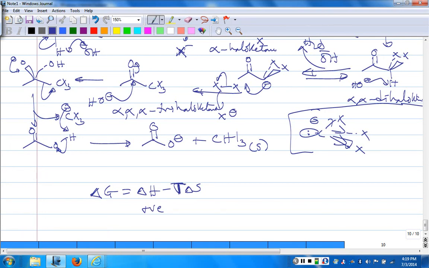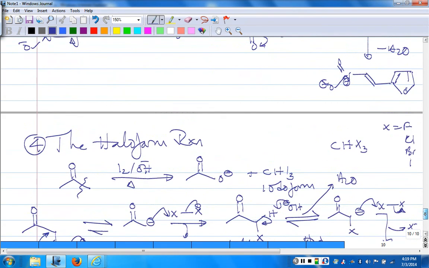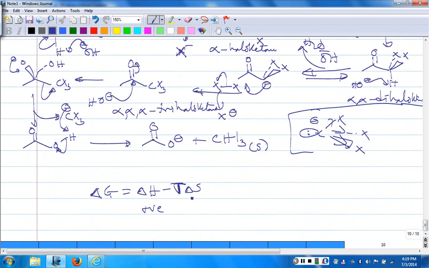I do have a large positive delta S because I'm going from 1 particle to 2. There's a 50% increase in my energy carriers. And then I'm going to help it out by warming it, because we use warm basic iodine. So the combination of the heat and the inherent positive delta S on the reaction makes this term bigger than that term. And overall, I get a negative delta G, so the reaction is spontaneous.